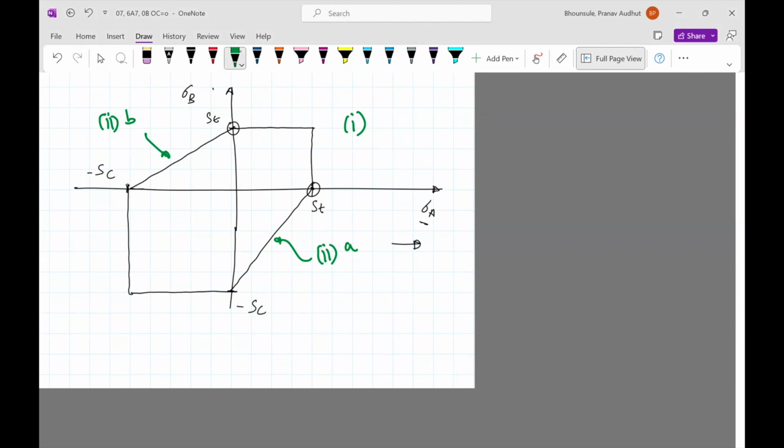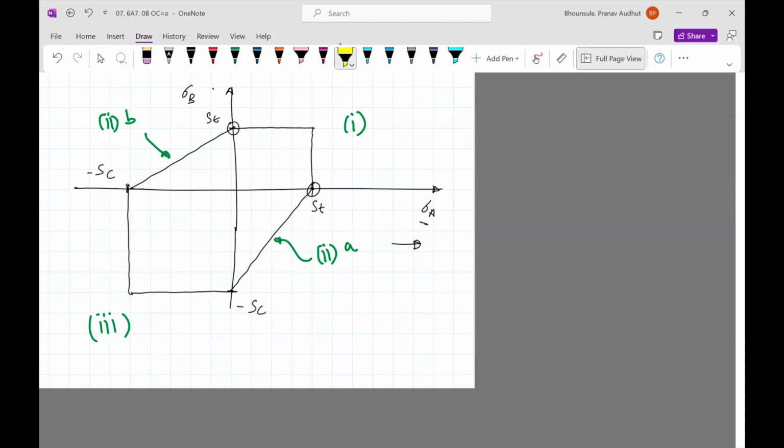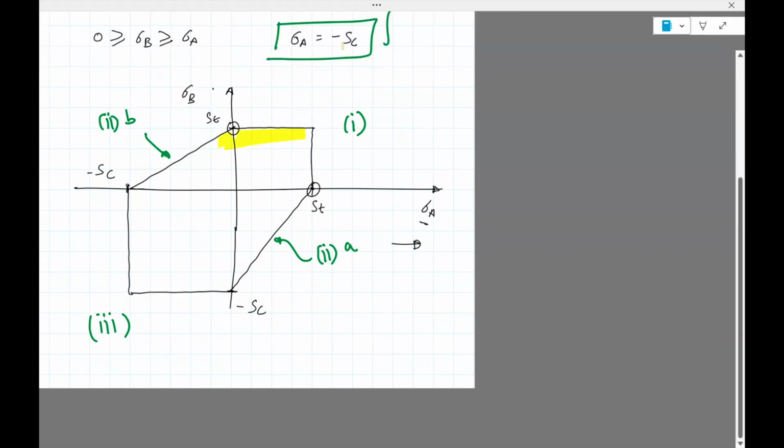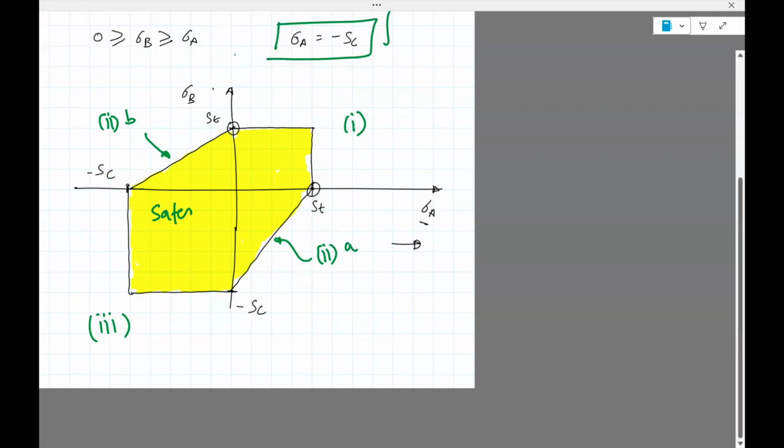And this is equation 3. So this region is a safe region.